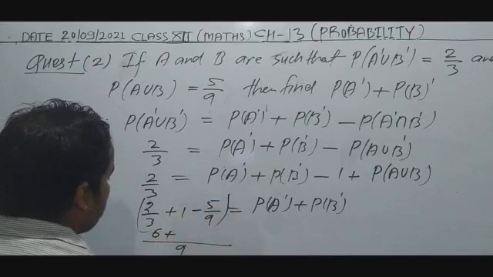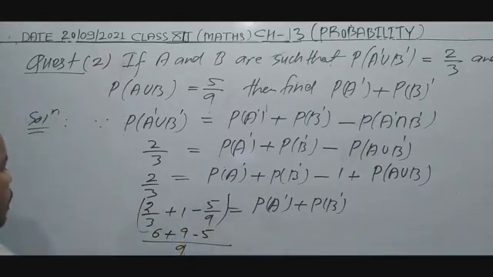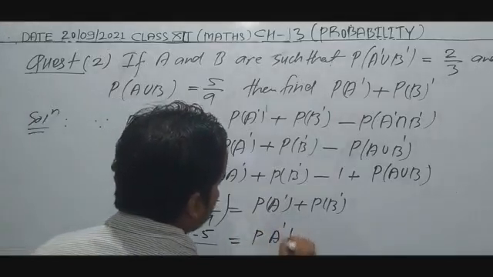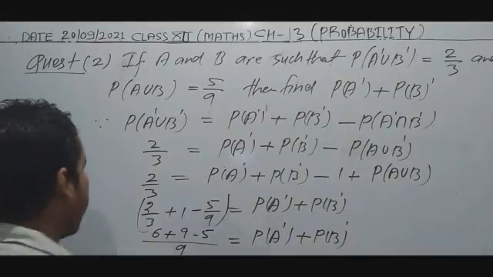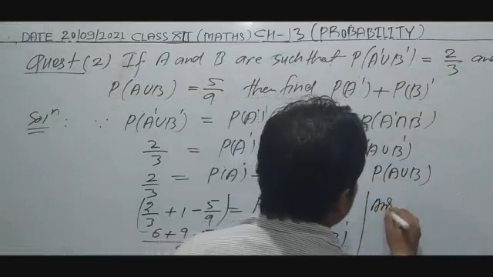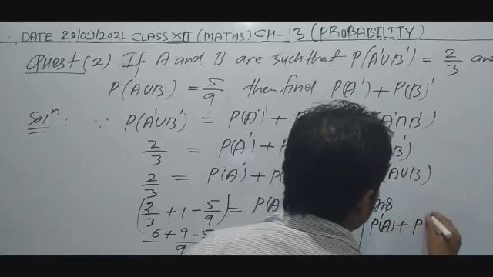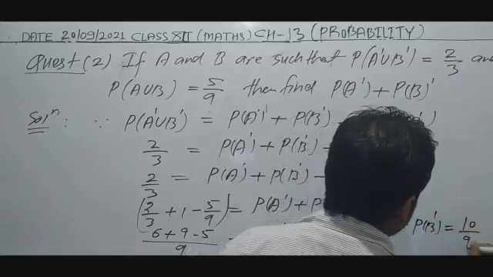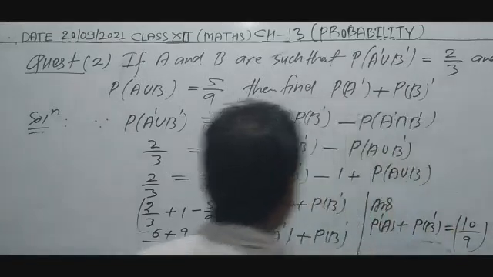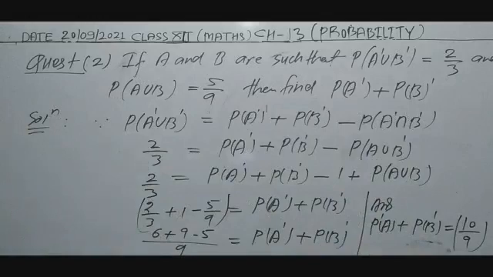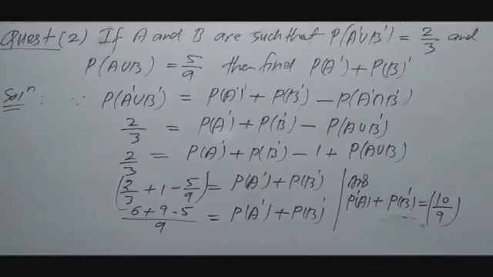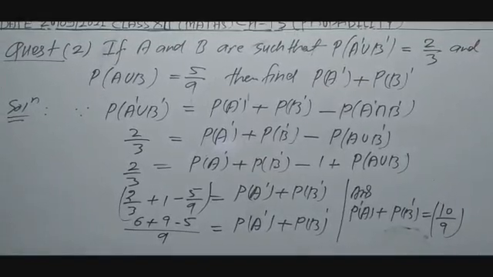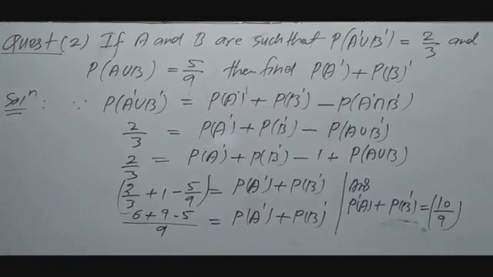So 6 plus 9 minus 5, the result is 10 by 9. 10 by 9 is the value of probability of A complement plus probability of B complement. This is the answer.